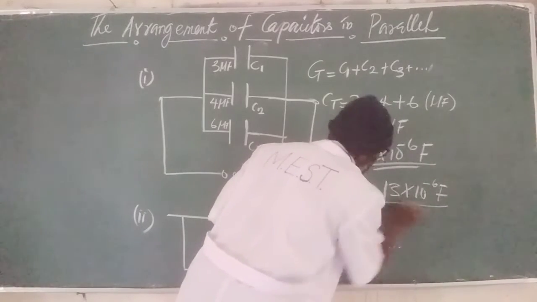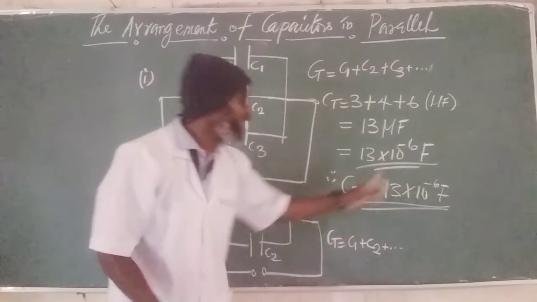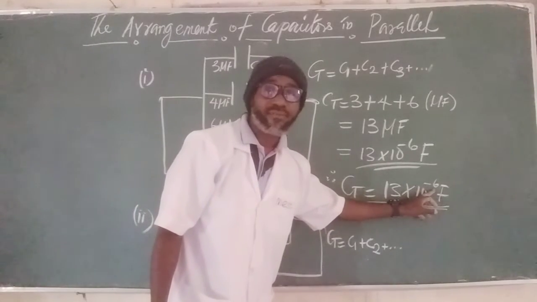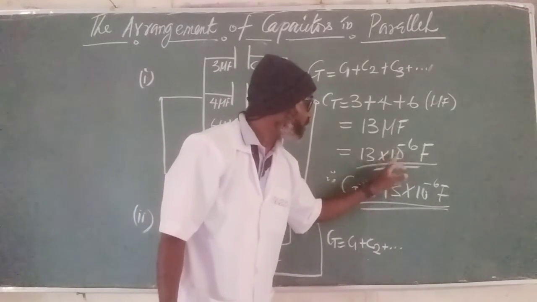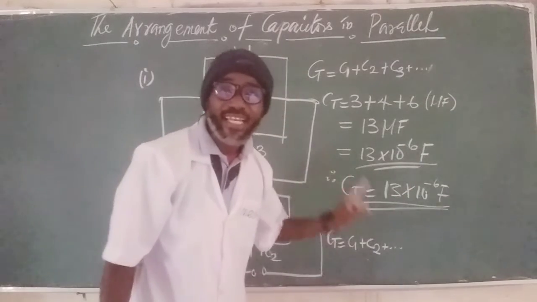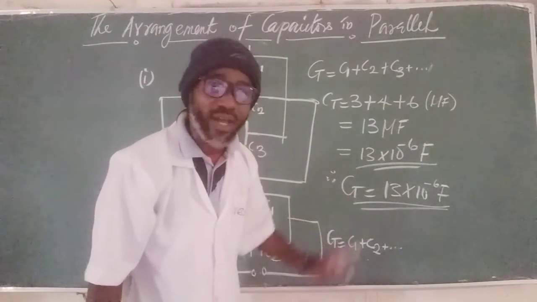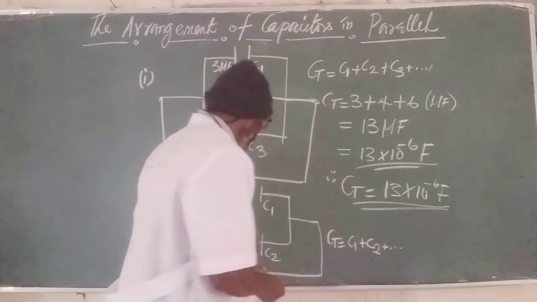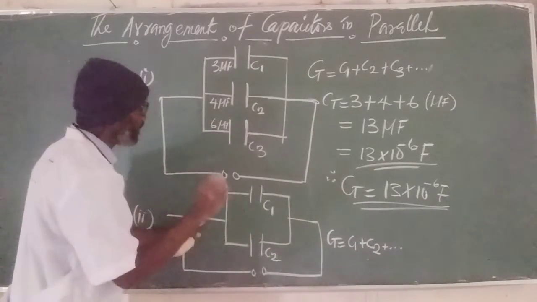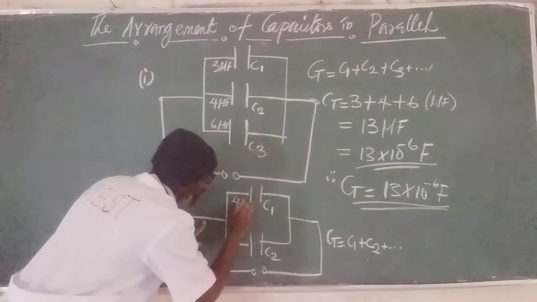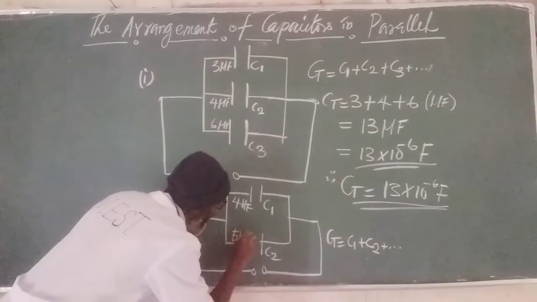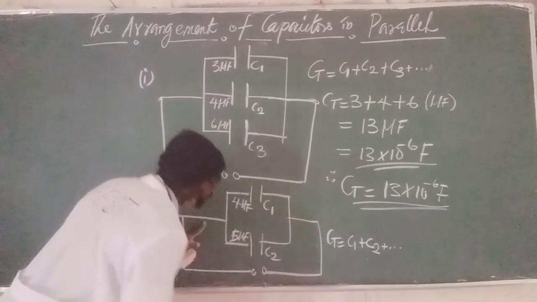Why do we have this? Simply because microfarad value is 10 raised to the power minus 6. So this has been replaced with 10 raised to the power minus 6 farad. That's what you're seeing here. We can still do the same thing here. To find the total capacitance, if this is 4 microfarad, and then this is 5 microfarad, what do we do?